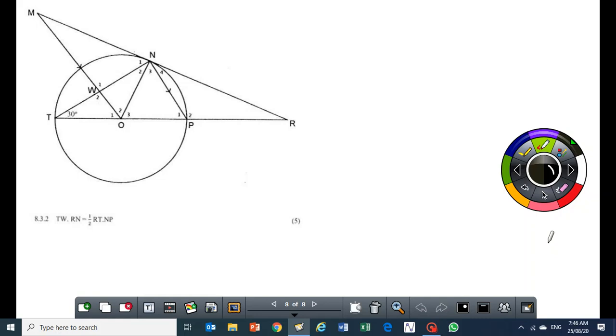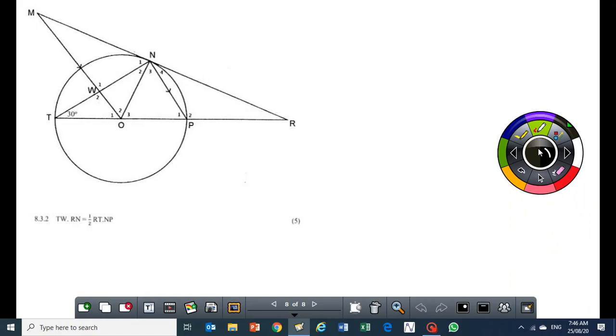So we're supposed to prove that TW times RN times half RT is equal to half RN times NP. First thing, I'm going to use this to get my solution. If you look at TW, that's this line. It's part of TN.